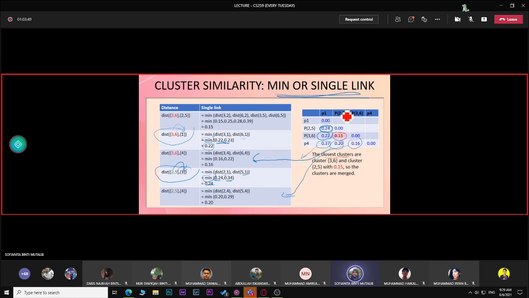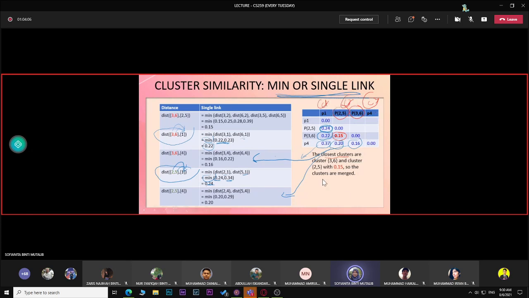So this cluster will be merged together with this one. So this one will be cluster 1, this will be cluster 2, a new cluster, and this is cluster 3. So you will have only 3 clusters later on.